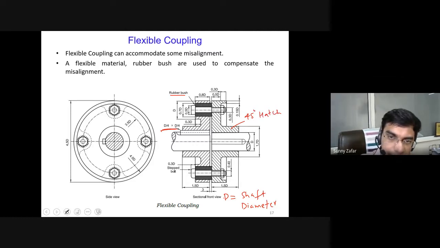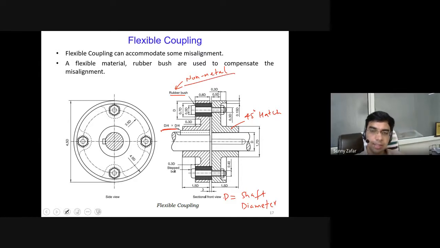But the rubber, since it is a non-metal, will be shown by a different pattern. This will indicate that it is a non-metallic material, for example rubber. So the bolt is passing through this rubber bush, and then it is bolted here with this nut.